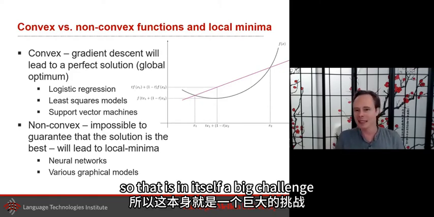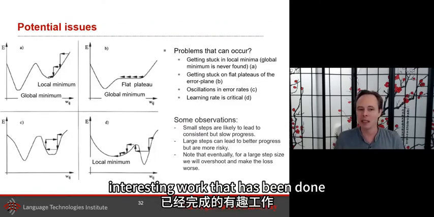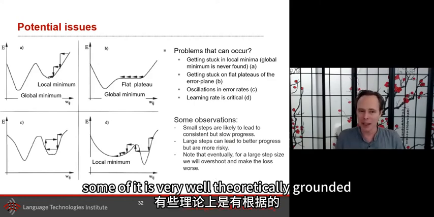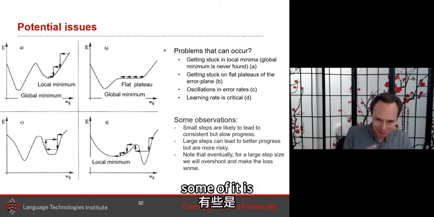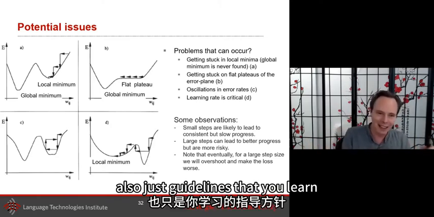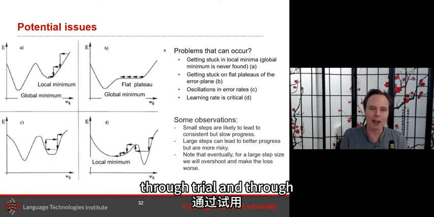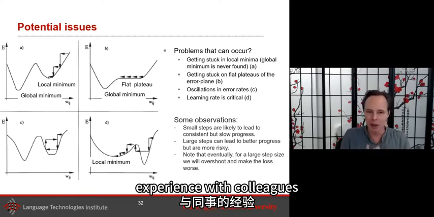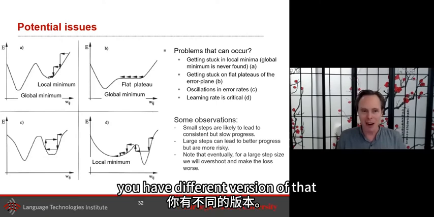So that is in itself a big challenge, and there's a lot of very interesting work that has been done. Some of it is very well theoretically grounded. Some of it is also just guidelines that you learn through trial and through sharing experience with colleagues. When you have those local minima, you have different versions of the problem.